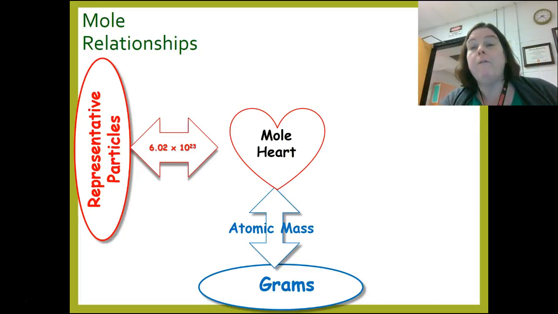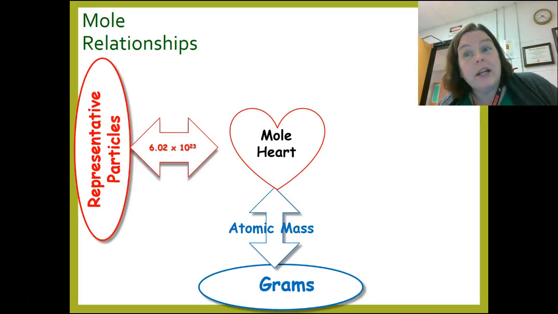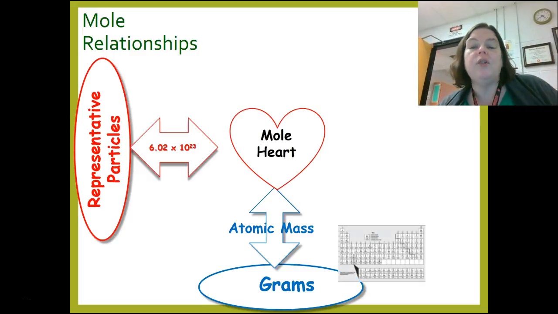So instead of finding the formula mass in AMU, we're going to find the molar mass, which is the same number in grams. And we have to use the periodic table for this. You cannot do these problems without the periodic table. The periodic table is your very good friend. Now, there are 2 other relationships, and you can see up here that I have some empty spots that you noticed from your warm-up, but don't worry about those today.